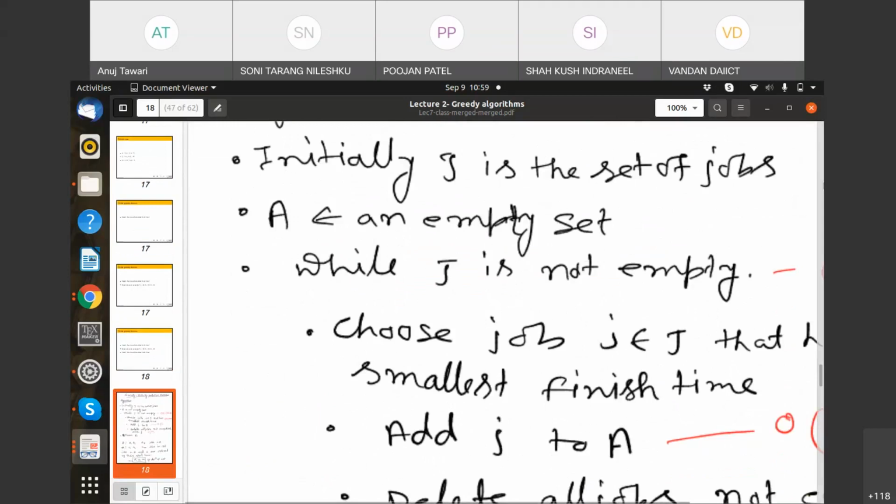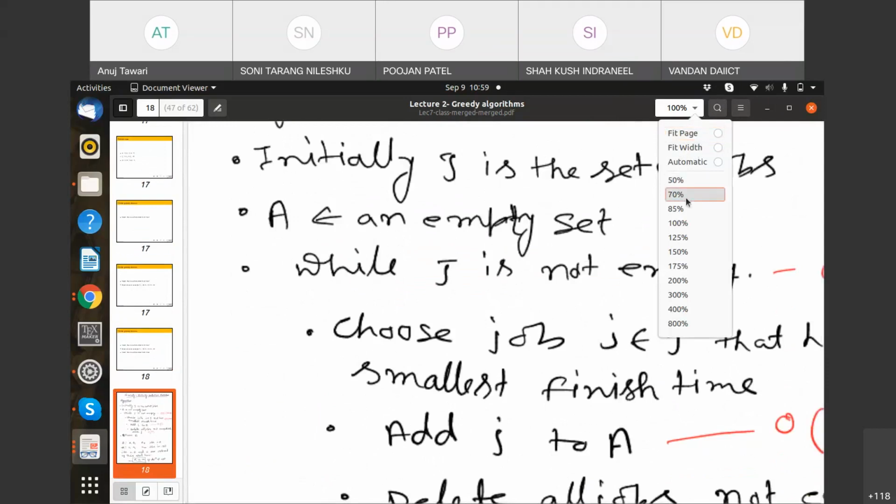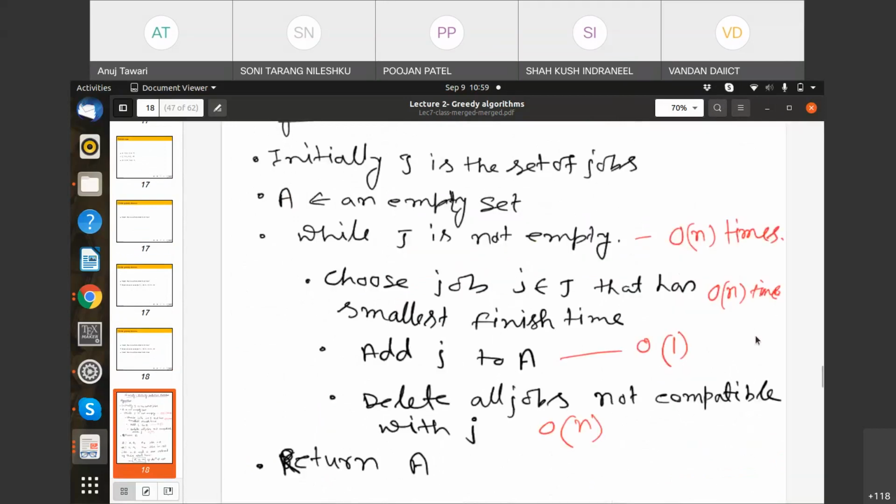So initially J is the set of all jobs, and A is empty. We don't have any jobs yet. We choose the job that has the smallest finish time. Finding the smallest you can compute in big O of n, that is just the minimum.